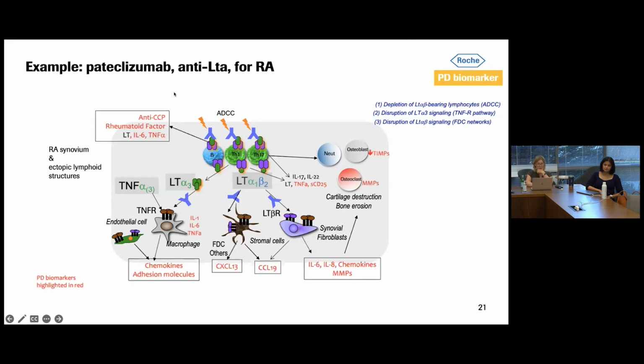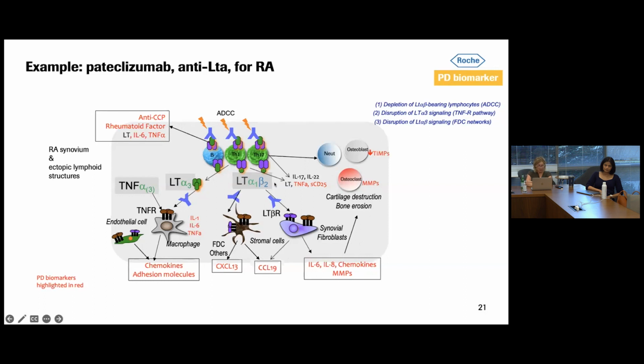So what the biomarker scientists did is, okay, if we disrupt these pathways or if we deplete these cells, what are some of the downstream pathways that we would expect? Those are highlighted here in red, and those are the ones that we were measuring in the blood.